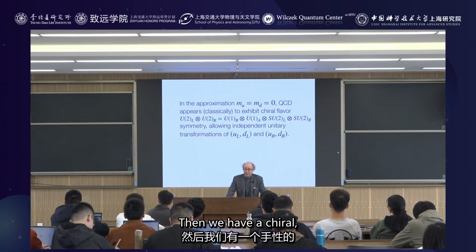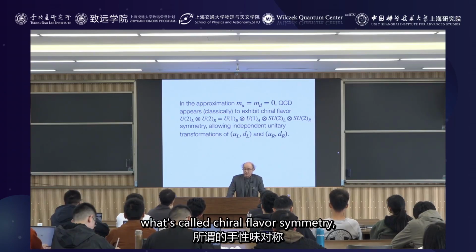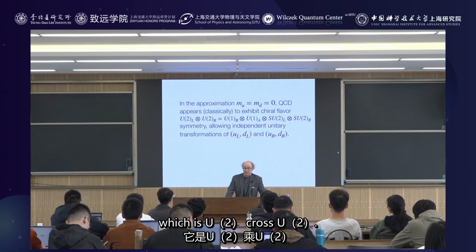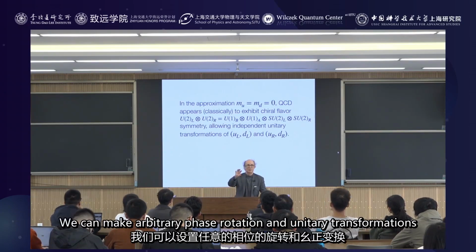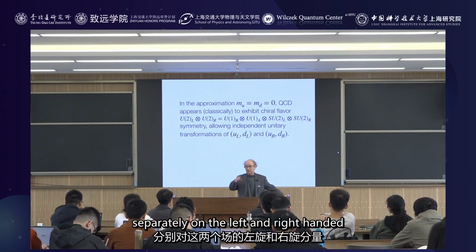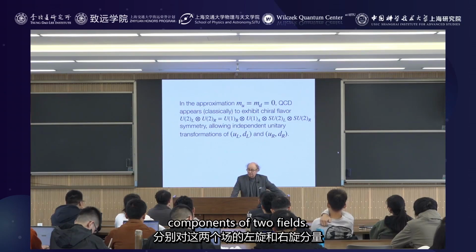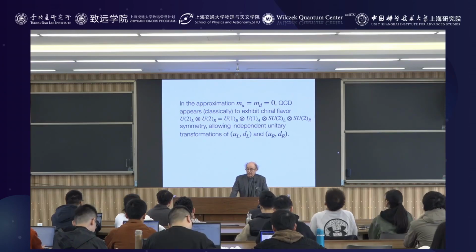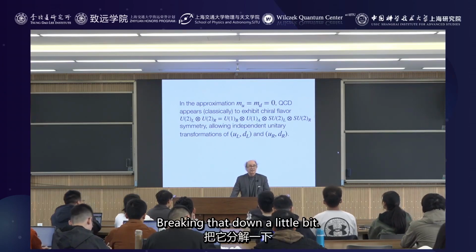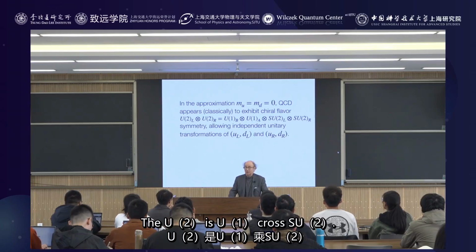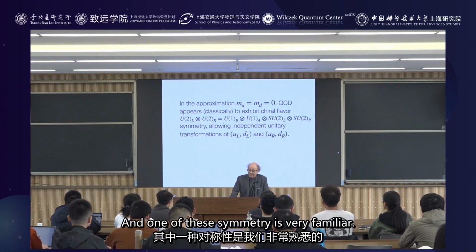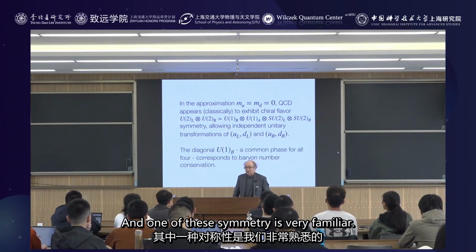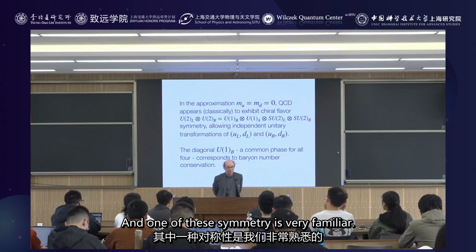Then we have what's called chiral flavor symmetry, which is U(2) cross U(2). We can make arbitrary phase rotations and unitary transformations separately on the left and right-handed components of two fields. They both, of course, are color triplets. Okay. So breaking that down a little bit, the U(2) is U(1) cross SU(2). And one of these symmetries is very familiar.